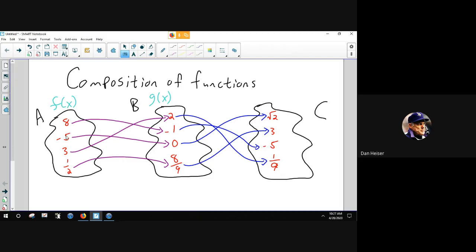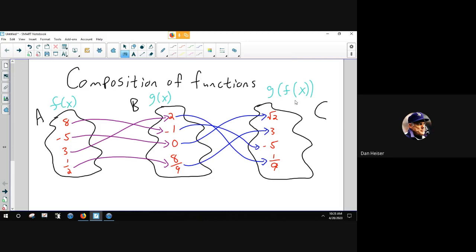So if this is f of x, and this is g of x, this set would be called f of g of x. Because, I did that wrong. That is backwards. This is g of f of x, because we did f first.